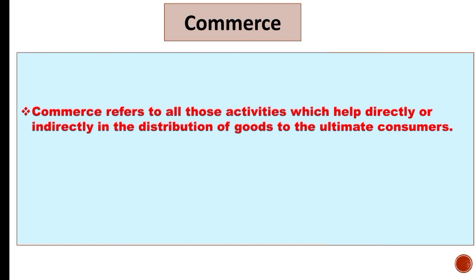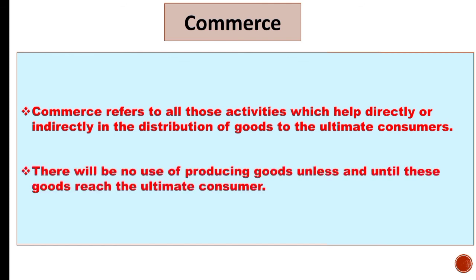Goods are produced at one place and customers are scattered at different places. The consumers are not aware of what kind of goods are produced by the manufacturer. Goods are produced in large quantity and they are demanded by the consumer in small quantity.